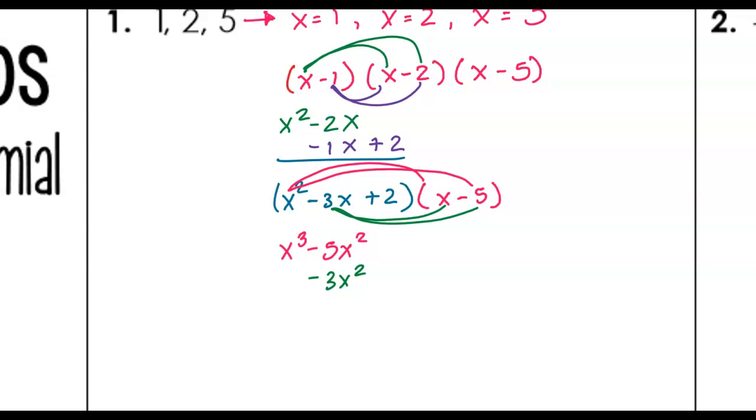Negative 3x times negative 5 and get a positive 15x. Lastly, I need to multiply 2 times x and get 2x, and 2 times negative 5 is negative 10. And then I just need to combine these.